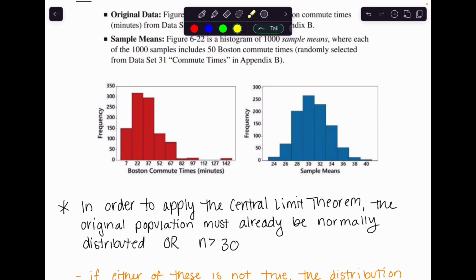If the population is already normally distributed, then you can immediately do exactly what we've been doing before. Your mean will still be mu, and your standard deviation, because you're picking a sample, is going to have the square root of n in the denominator instead. Or, if your sample size is bigger than 30, then you can use the central limit theorem.